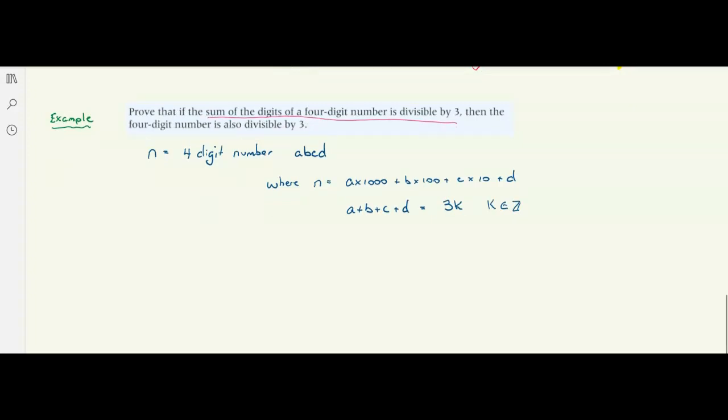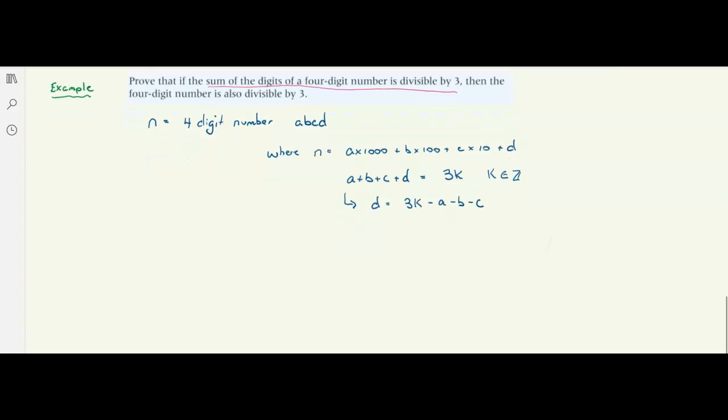Here we go from here, and you may not think of doing this, but hopefully you will when you see an example in the exercises. From this equation, I'm going to make D the subject. So D is equal to 3K minus A minus B minus C. You'll see why in a moment.